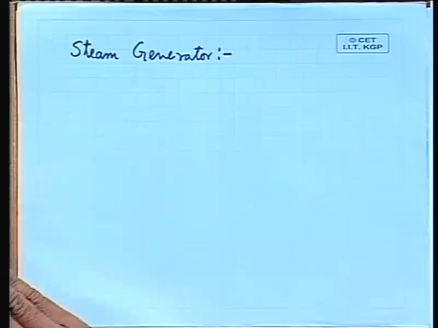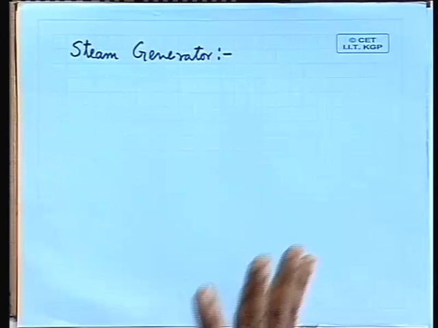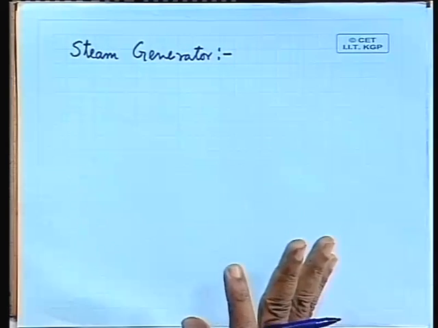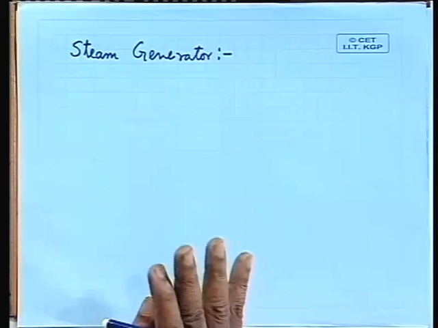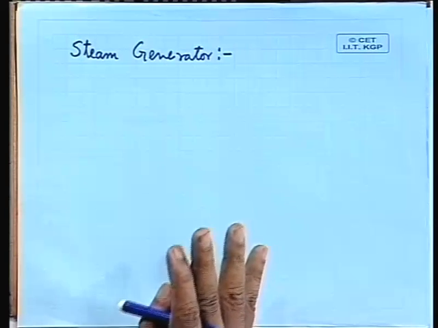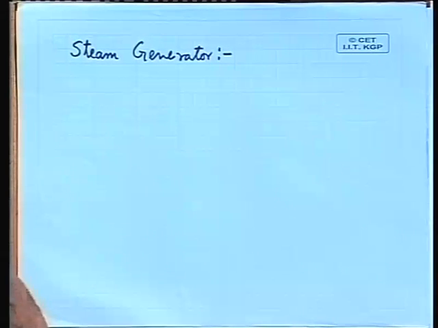Economy is important, safety is important, and in certain applications the compactness of the steam generator is also important. Compactness means both compactness in terms of volume and in terms of weight. So, particularly for moving systems, weight is a consideration and also volume is a consideration.